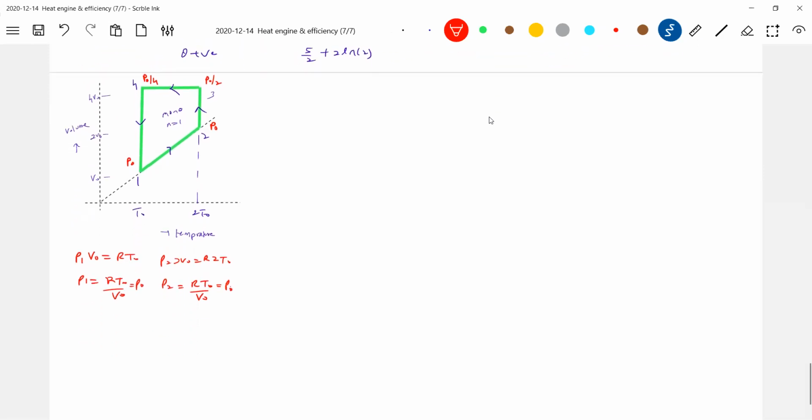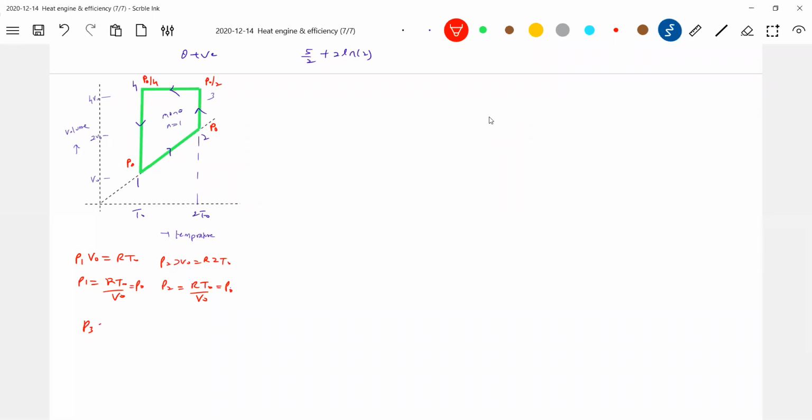Now similarly, pressure at 3: P3 times volume 4V0 equals RT0. So P3 equals RT0 by 4V0, so there should be P0 by 4. There's not much logic, nothing else, just the ideal gas equation.